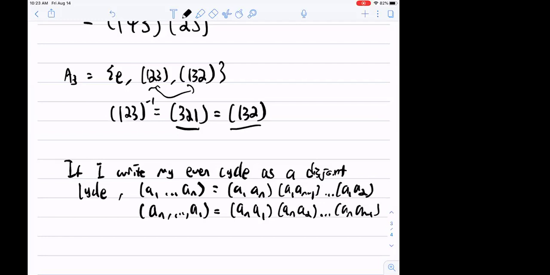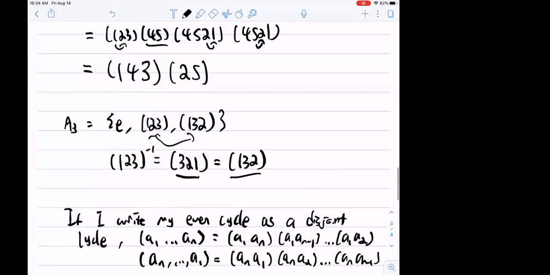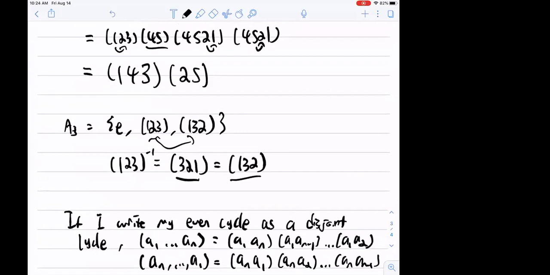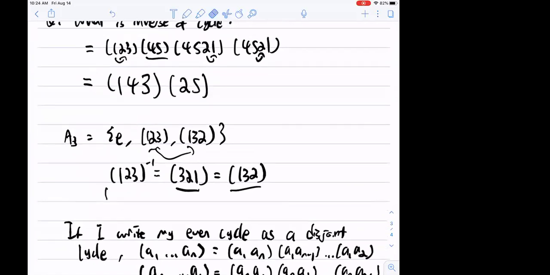Why did you connect 1, 2, 3 with 1, 3, 2? I'm saying these are inverses.